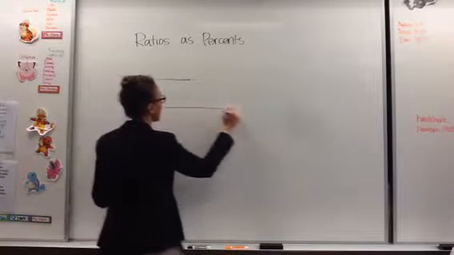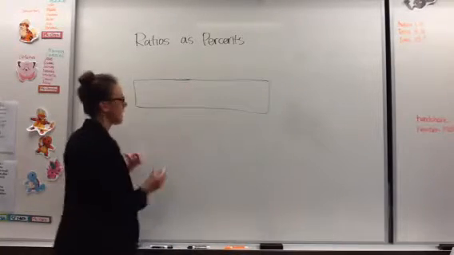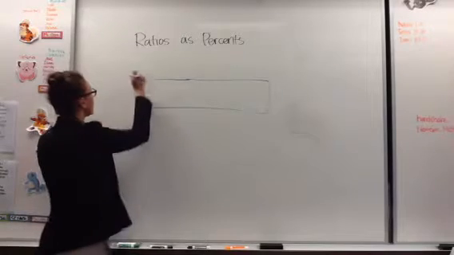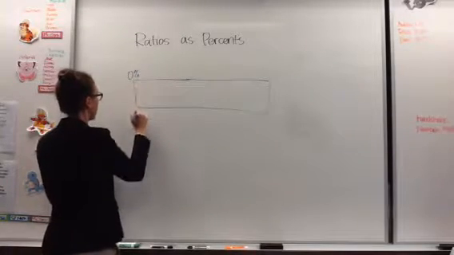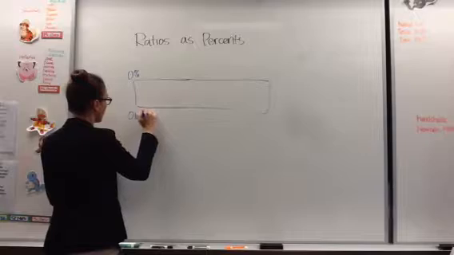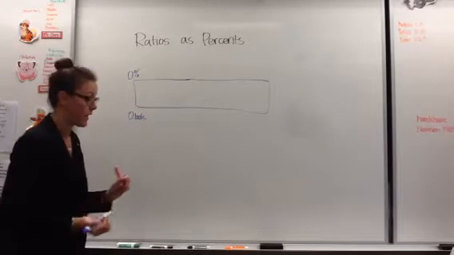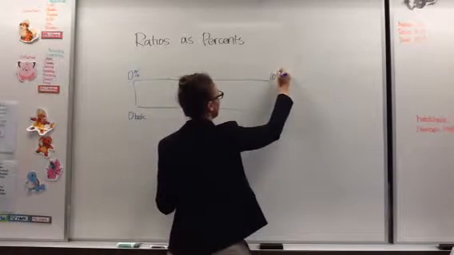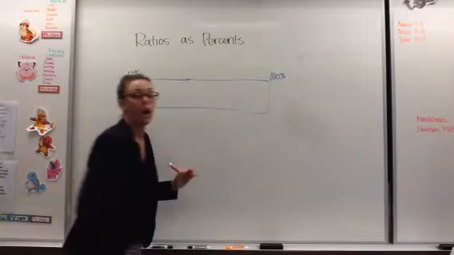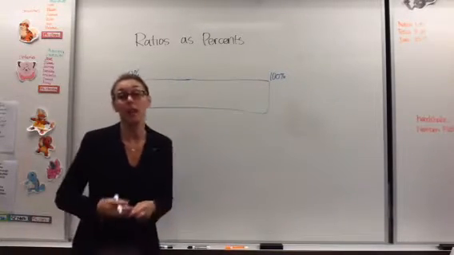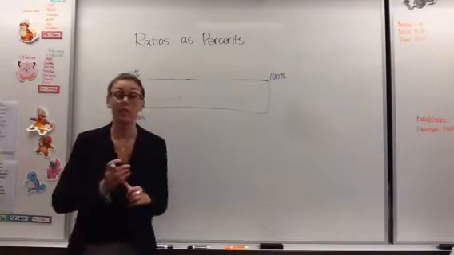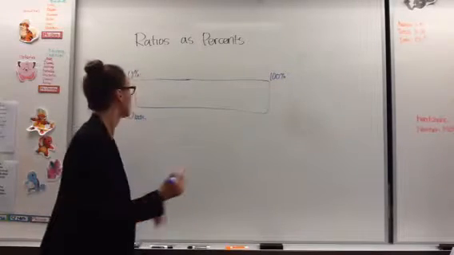Remember the tape diagram? So I know that this is 0% and this is 0 books. I know that I have 100% over here. I said that 10% of the books in our library are science fiction.